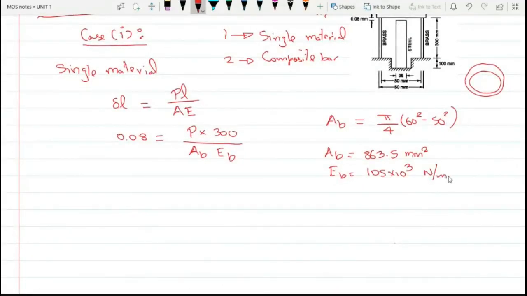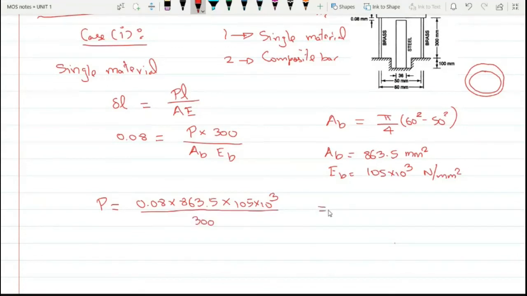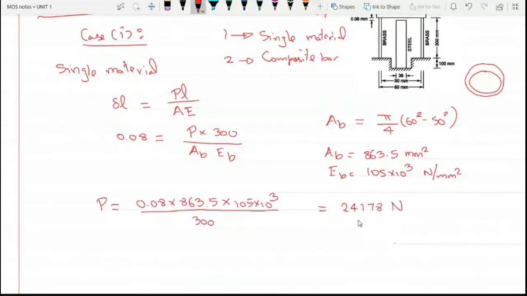So just I am going to substitute and identify the value of P. I will cross multiply, so P is equal to 0.08 into AB, which is 863.5, into EB, which is 105 into 10 power 3, divided by 300. So what is your P value? 24178 Newton.